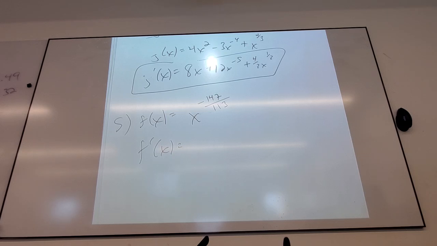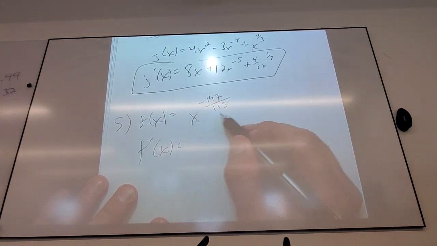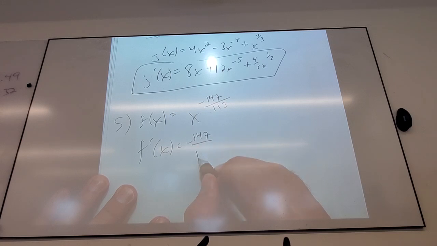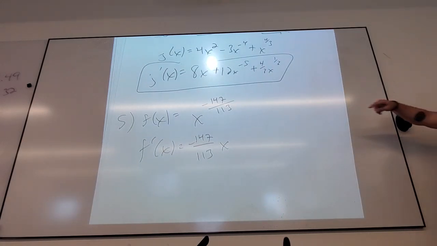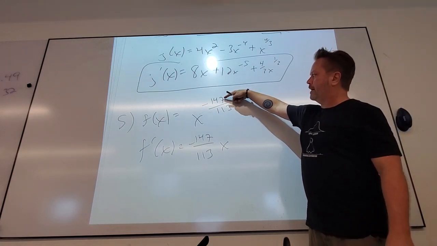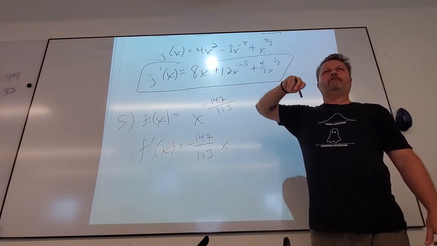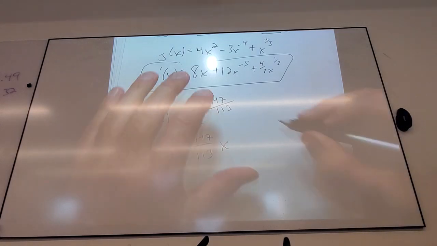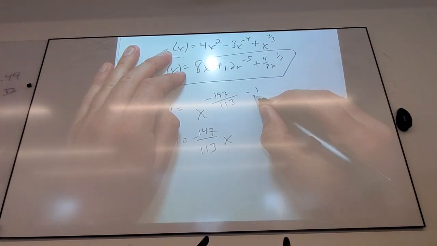What is the first step in the derivative of x to a power? First step's easy, yes? You just take whatever this is and you write it first. Now if you use the shortcut, the power, if you take this minus this and then put it back on top of this, I really want you to understand, because aren't I going to do minus 1? Yes? And to do minus 1, don't I have to have a like denominator?